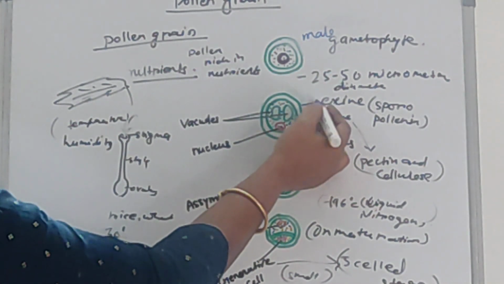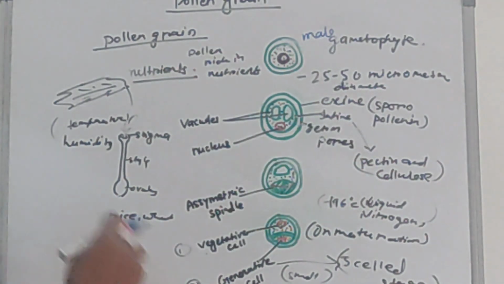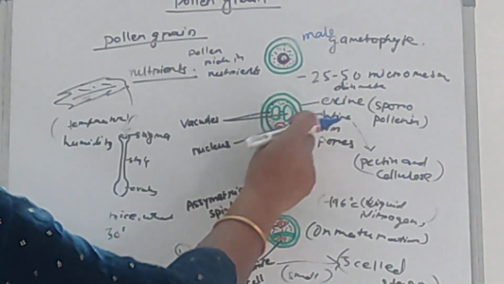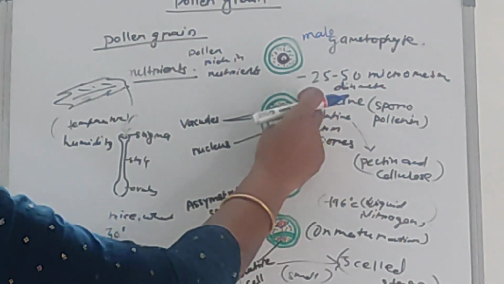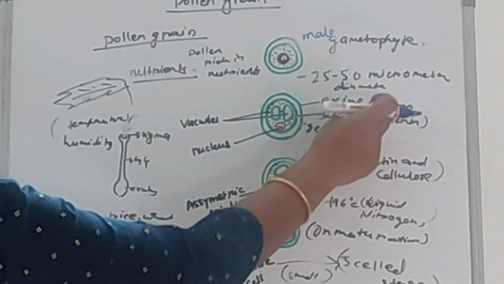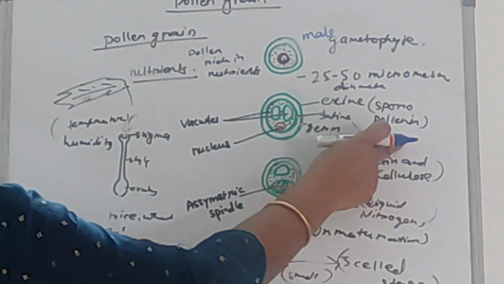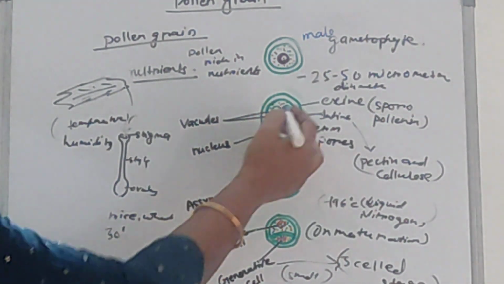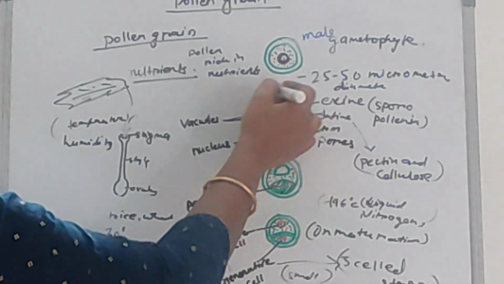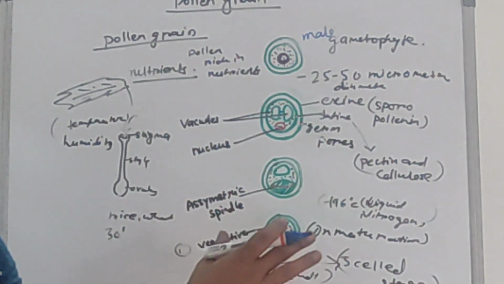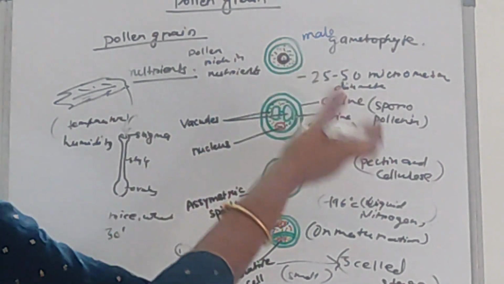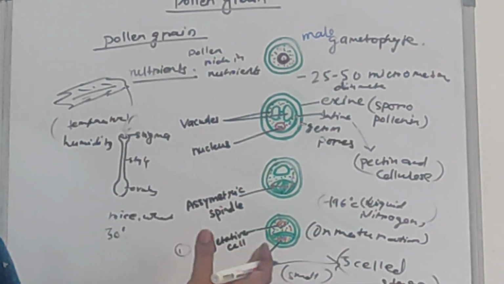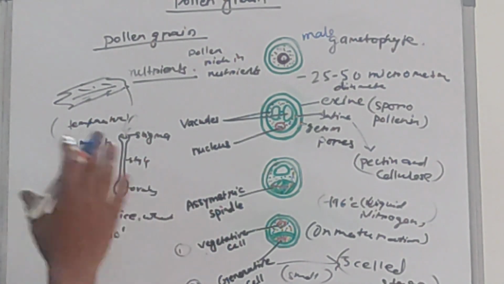The outer wall of the pollen grain is called exine, which is made up of sporopollenin. So it's a very hard, very tough wall. It's so tough due to the presence of sporopollenin that it can withstand high temperature and strong acids and alkali also.